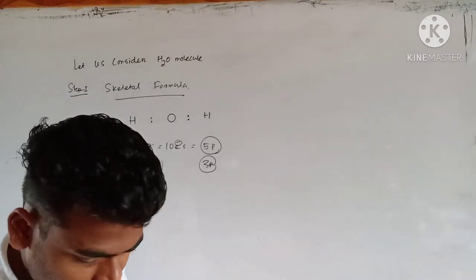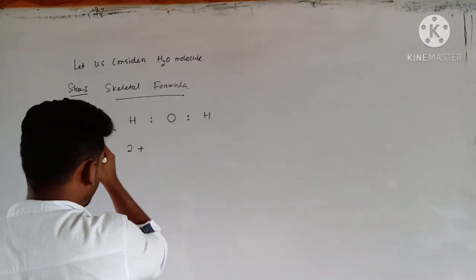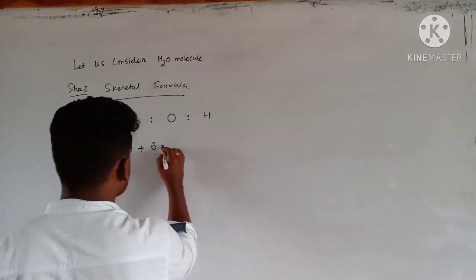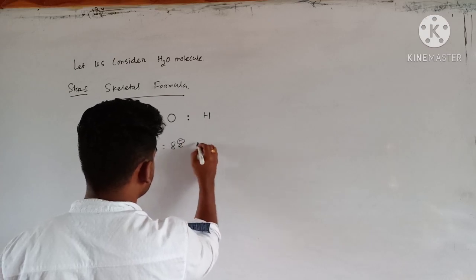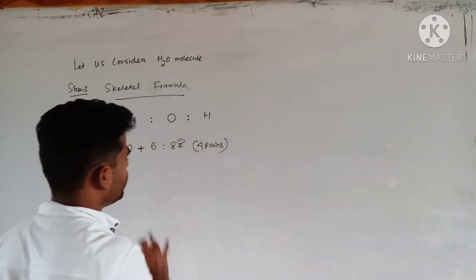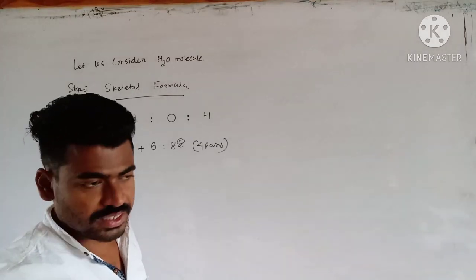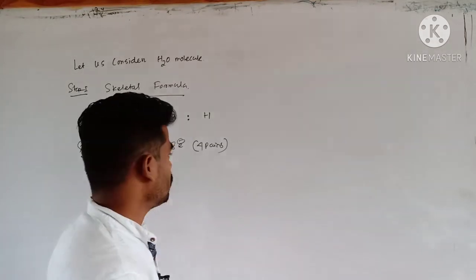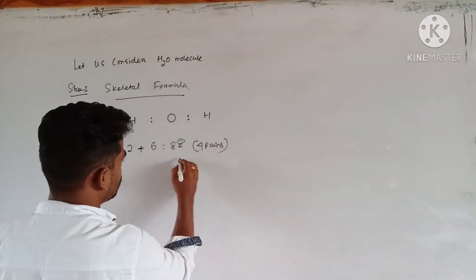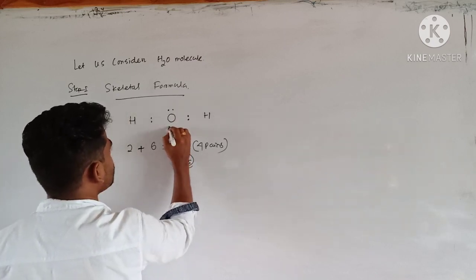So we have to calculate the total number of valence electrons. Here hydrogen has 2, plus for oxygen the number of valence electrons is 6. So total will be 8 electrons, which you can write as 4 pairs. Now 2 pairs we have used and another 2 pairs remain. These 2 pairs we have to adjust so that each atom has its nearest inert gas configuration. In the case of oxygen, these 2 pairs can be arranged over here like this.